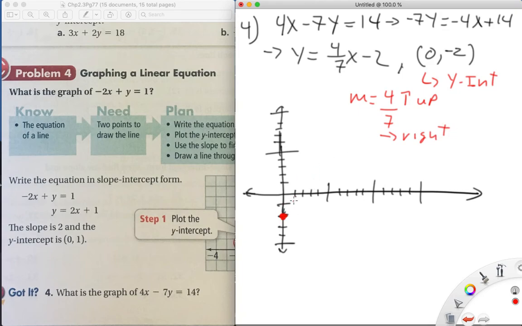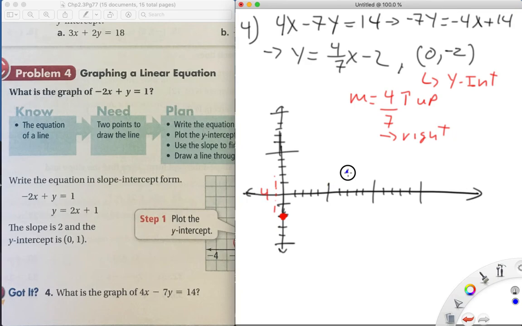So 1, 2, 3, 4. This would be my up 4. And then I'm going to the right 7. 1, 2, 3, 4, 5, 6, 7.